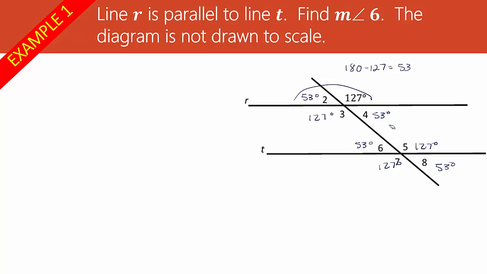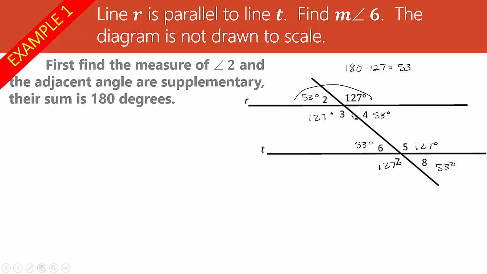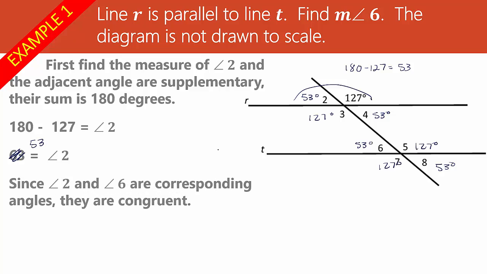Okay, so because of that, find the measure of angle 2, which like we said, they're supplementary, so it's 53 degrees. Pardon my math there. And angle 2 and angle 6, they're corresponding angles, so they're congruent. So the answer is not 63 degrees, it is 53 degrees. So the measure of angle 6 is 53 degrees.